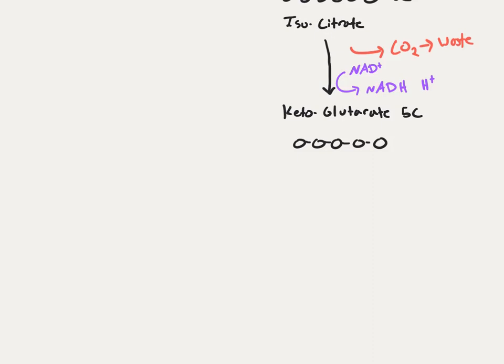From our 5-carbon ketoglutarate, we're going to change to a 4-carbon molecule. And this is called succinyl CoA.